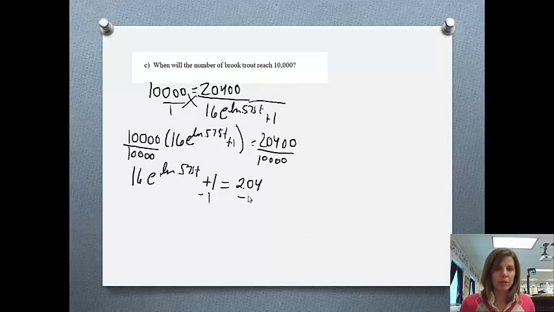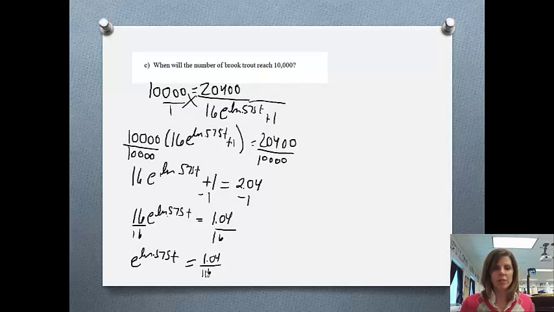Then we'll subtract 1 from both sides. Now I'll get 16e to the natural log of 0.575t is equal to 1.04. From here, we'll divide both sides by 16, so e to the natural log 0.575t is equal to 1.04 over 16. I'm not going to write this as a decimal because it doesn't turn out nicely, and we don't want rounding errors, so leave it exact.